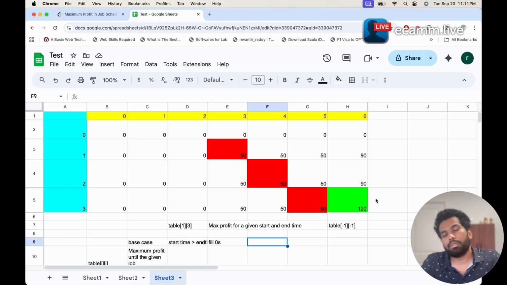One initial downside of this is the space complexity.